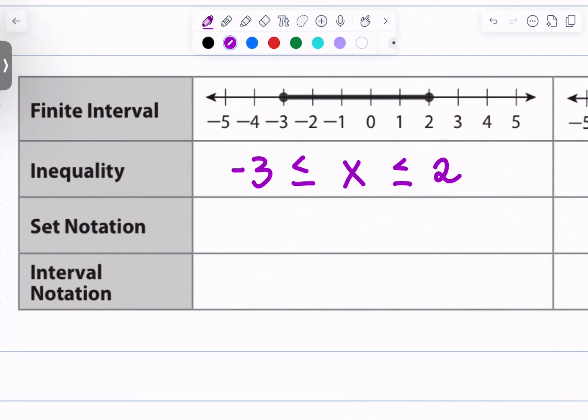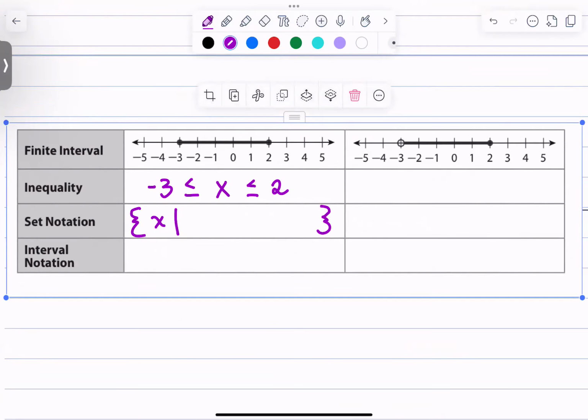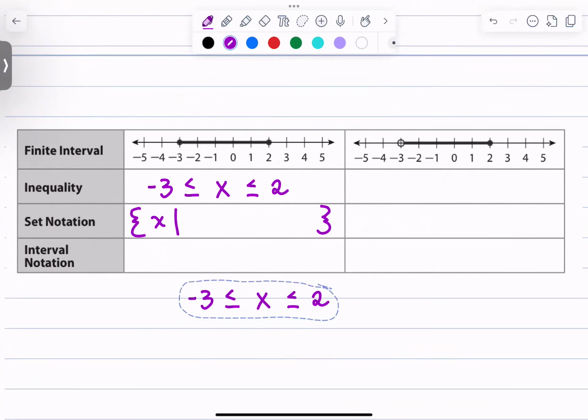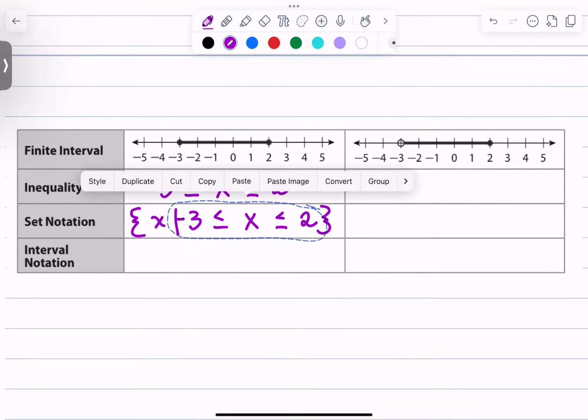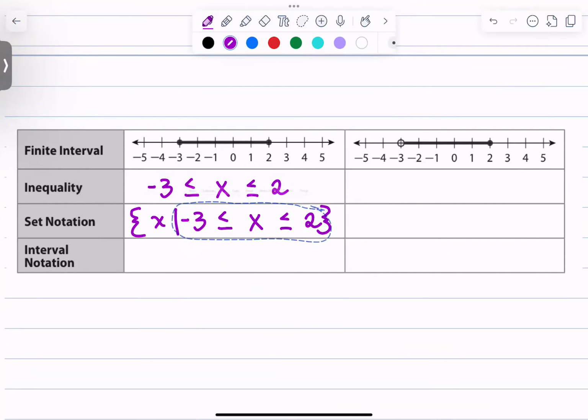So set notation wise, again, do not overthink this. It's just a way of writing it out. Fancy bracket, x such that, copy and paste. Plop it in.